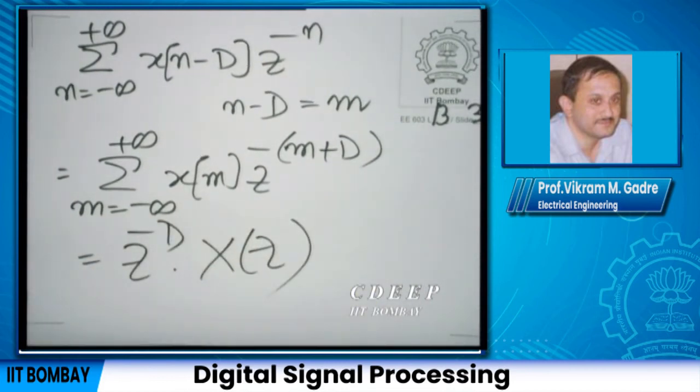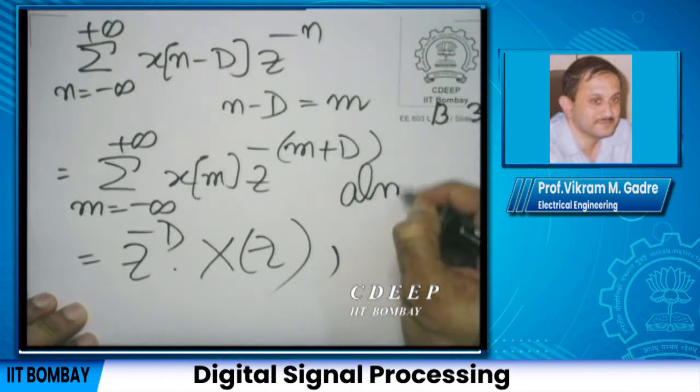The only difficulty is what happens to the region of convergence. Now, the region of convergence is going to be affected by the factor z raised to the power minus d. The only effect that this factor can have is to affect what happens at the boundaries.